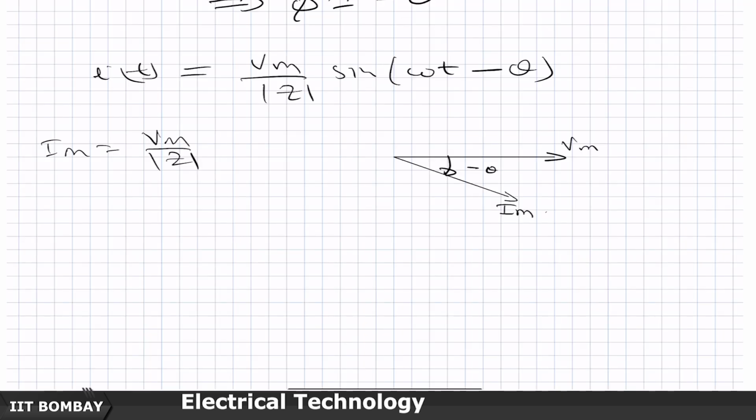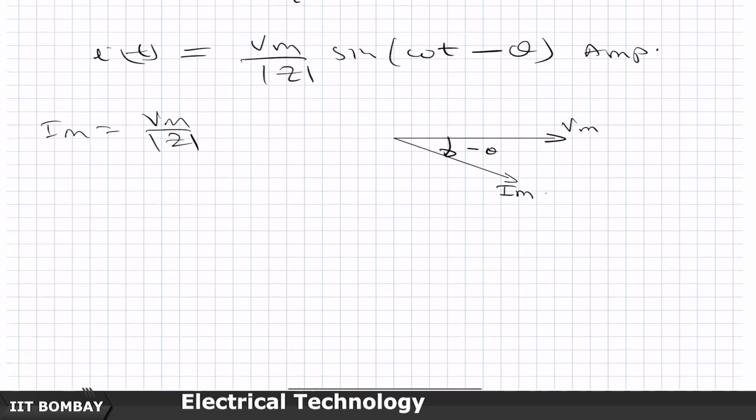So go clockwise. Now instead of going anti-clockwise, go clockwise and show this as minus theta. So this basically gives you the sinusoidal current response.